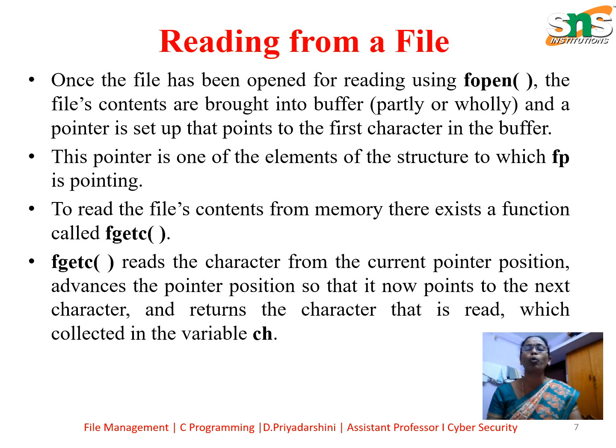Once a file has been opened for reading using fopen, the file content is brought into the buffer and the pointer is set to point to the first character in the buffer, which can read each and every character from the file. To read the file content from the memory, there are three existing functions, the first being getc. It gets the file content character by character from the current file pointer position.